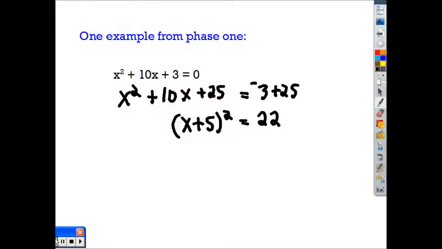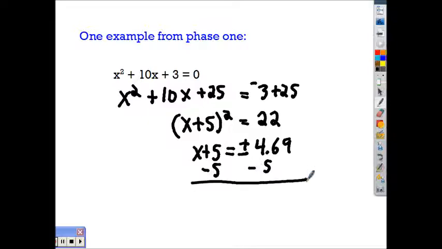When I take the square root of both sides, I get x plus 5 is equal to positive and negative 4.69. I use my calculator and I just round it off to the nearest hundredth. Now to get rid of plus 5, I will subtract 5 or add negative 5 to both sides. Okay, so when I add a positive 4.69 and subtract 5, I'm going to get a negative 0.31.